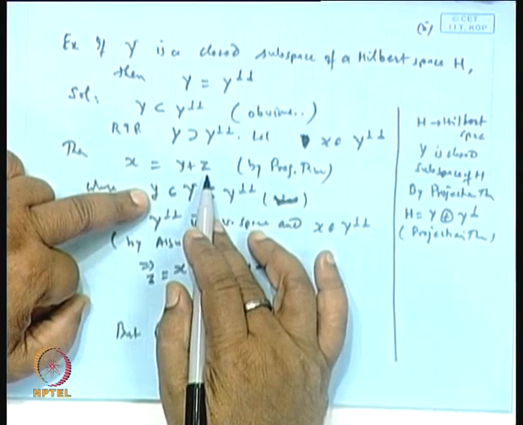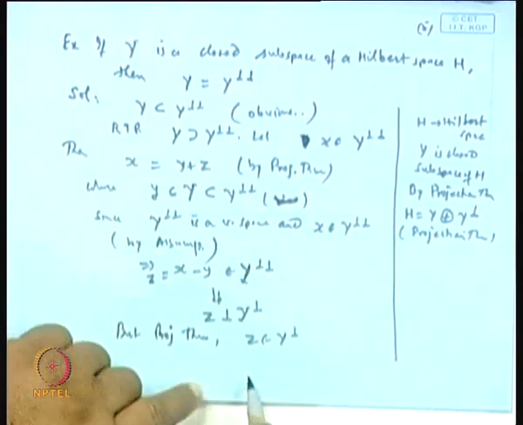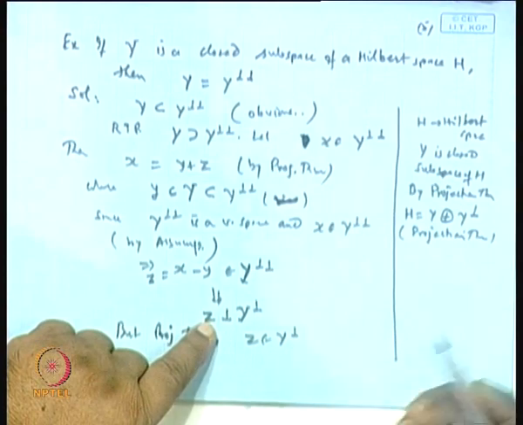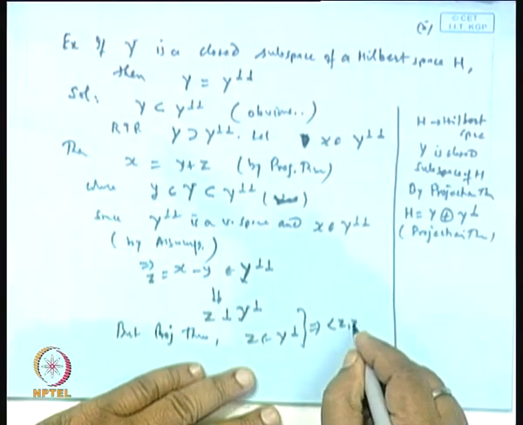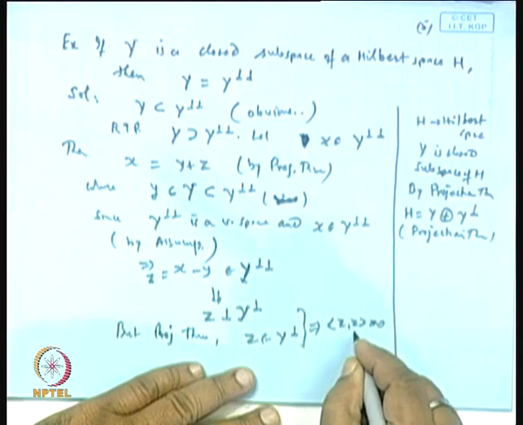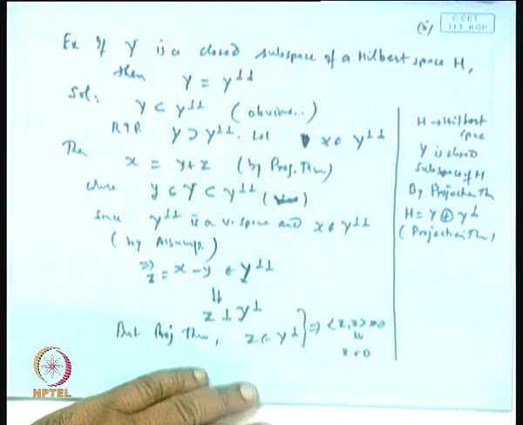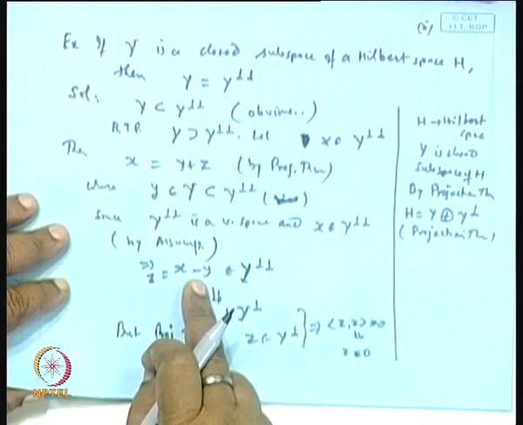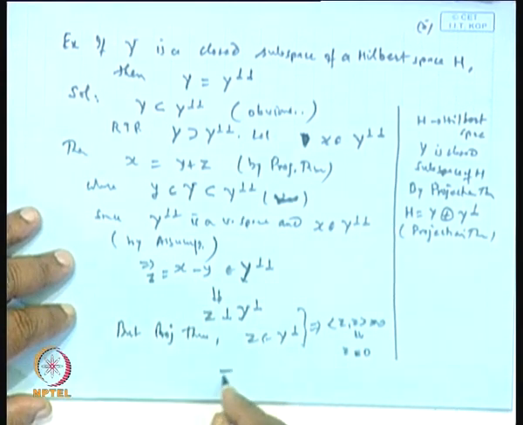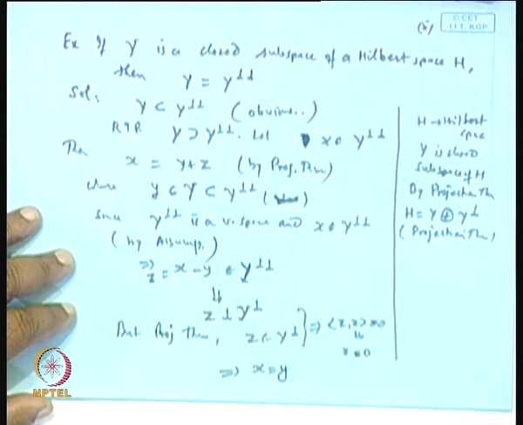So, z must be a point in Y perpendicular. Here z is also orthogonal to Y perpendicular. So, combining these, the inner product of z with itself is 0. This implies that z is equal to 0. Agreed? Once z is 0, then x minus y equals 0. So, this implies x equals y.